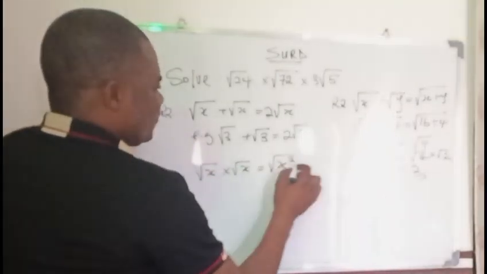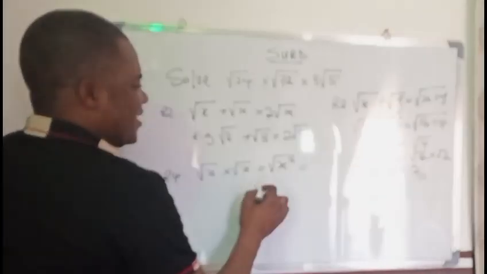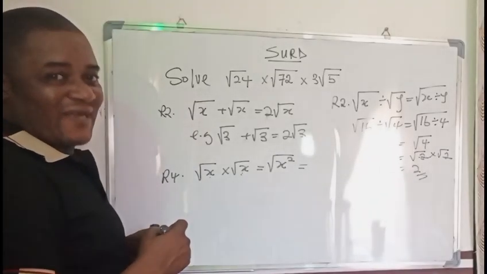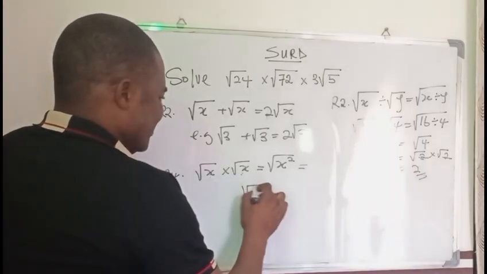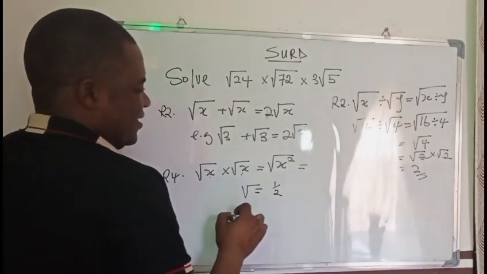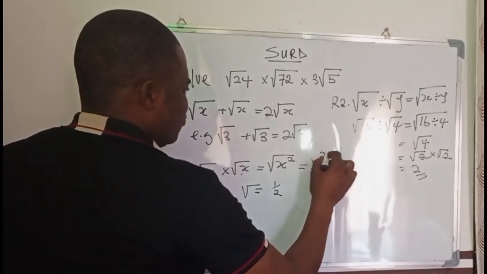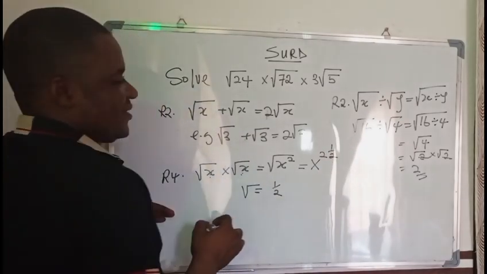So remember that if you remove this square root, it will give you 1 over 2. That is a half. This is the same thing as this. So we will now have x raised to the power of 1 over 2.